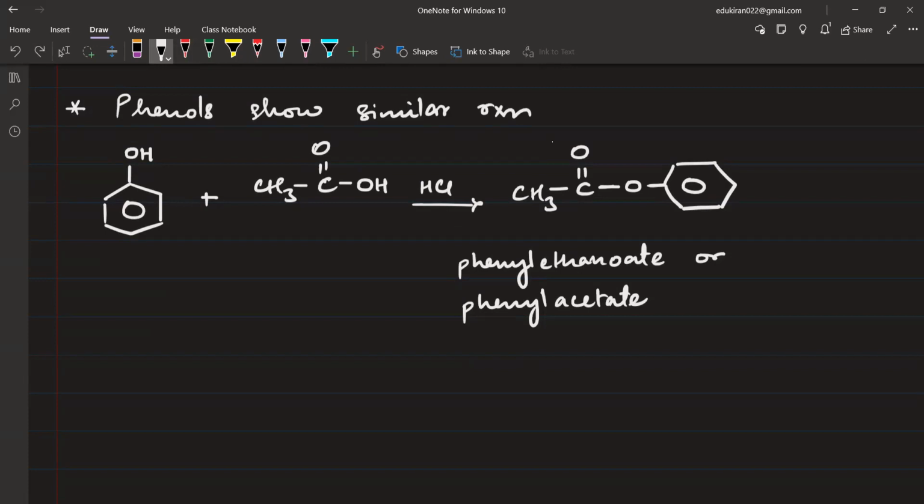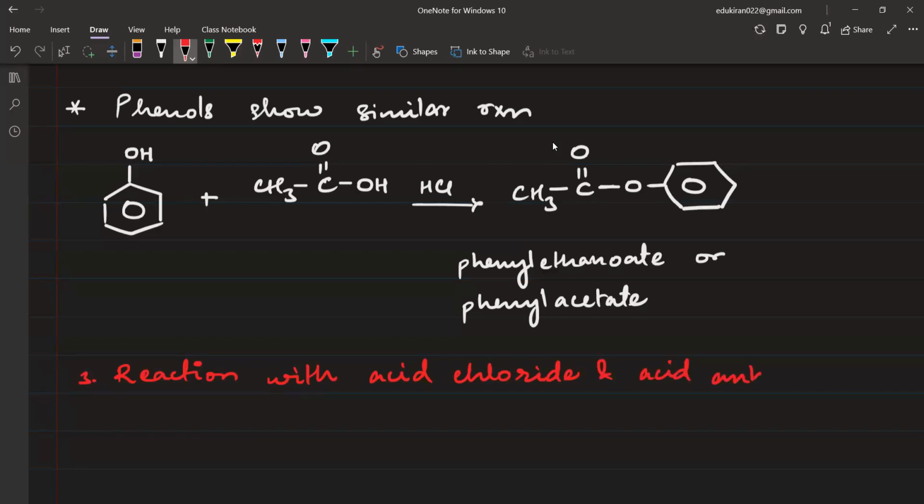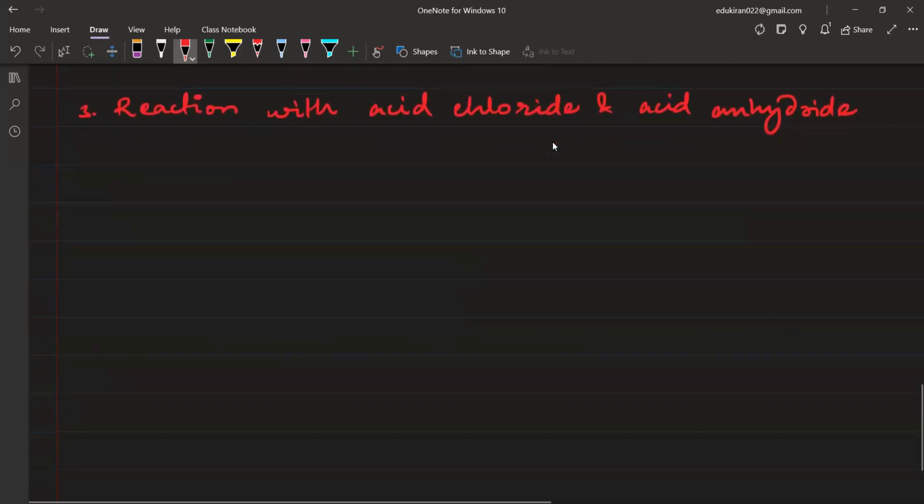Reaction with acid chloride. This is the third reaction: reaction with acid chloride and acid anhydride. Now, this reaction is very similar to the previous one.